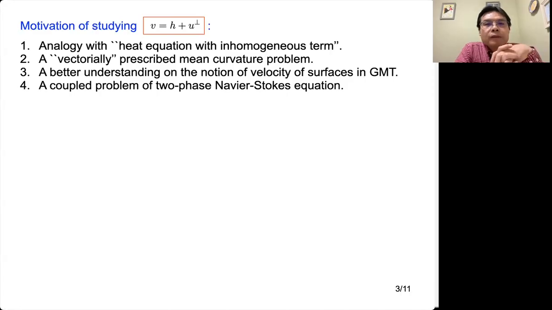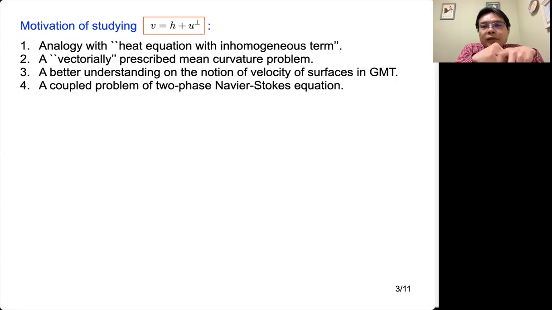The first, and perhaps more broadly speaking, is that this is like an analogy with a heat equation with an inhomogeneous term. The velocity is like a time derivative, if you let the surface be a graph. So it's like a derivative with respect to time.